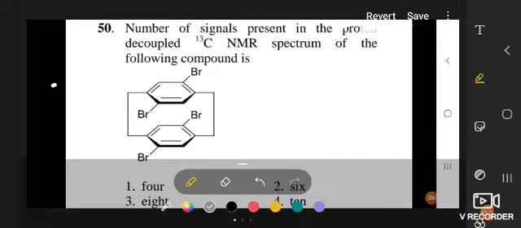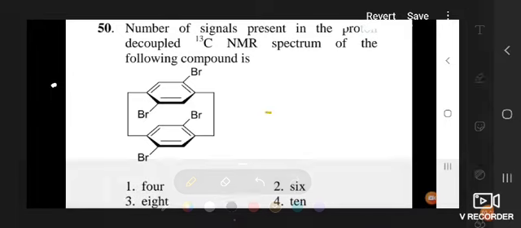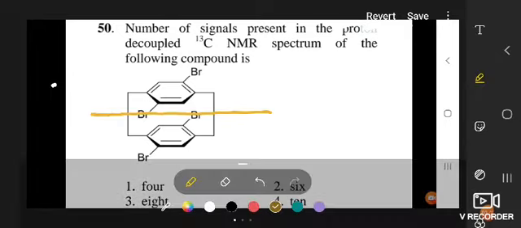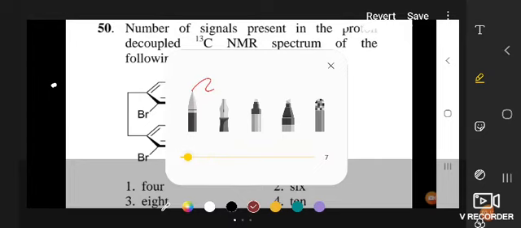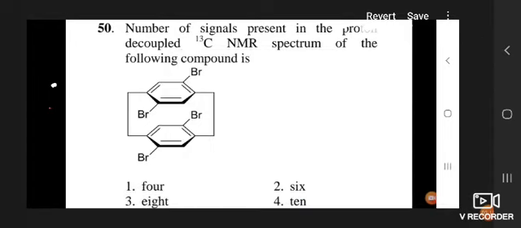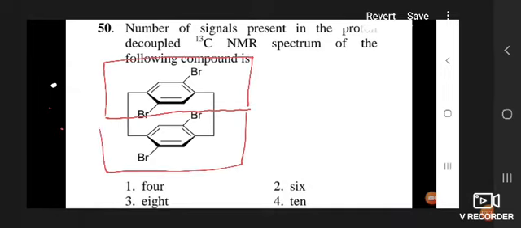So take a look. In this compound, if we add this plane, then this molecule is bisected into two parts. Out of these two parts we have to consider only one, either this or this.